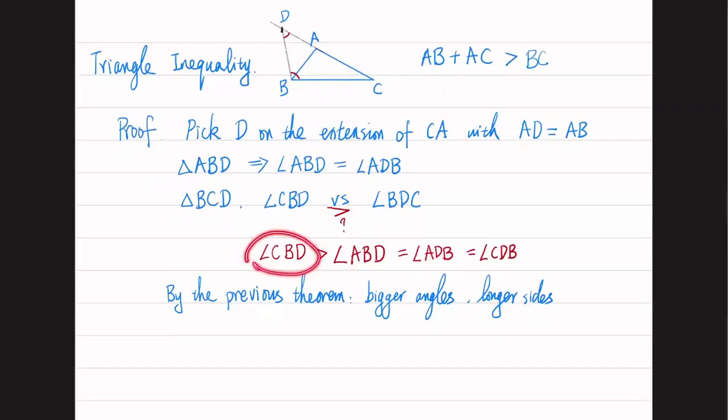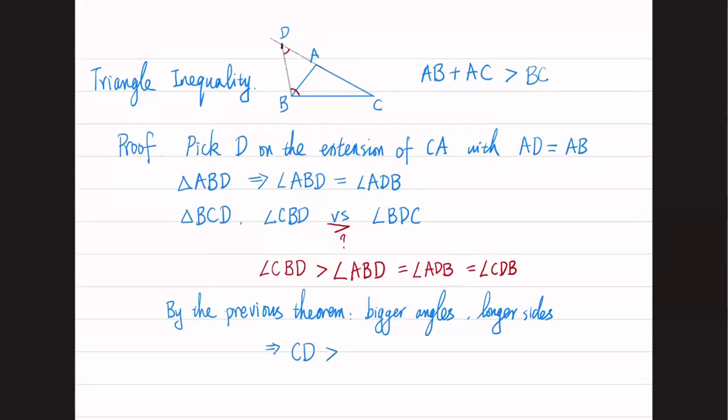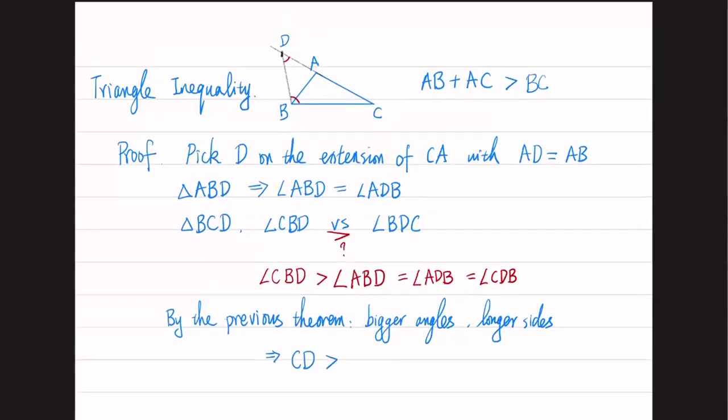A bigger angle, longer side. Smaller angle, CDB, shorter side.